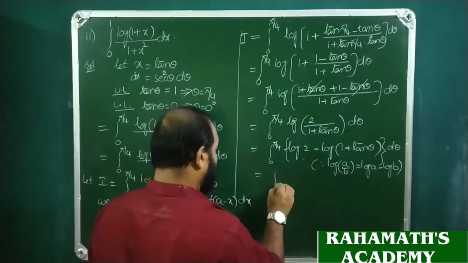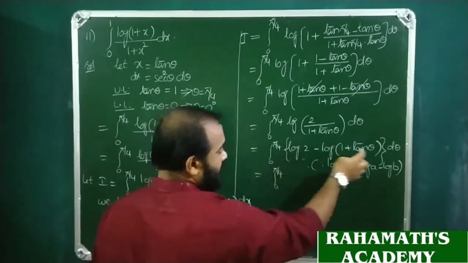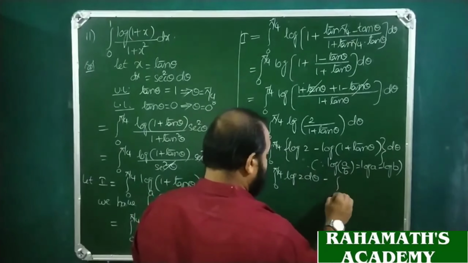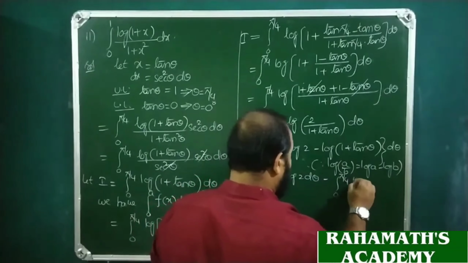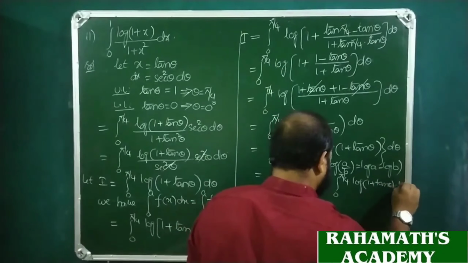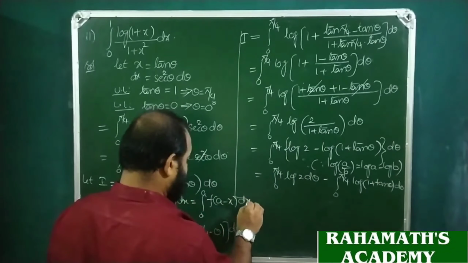Likewise, we can separate this integration: integral 0 to pi by 4 of log 2 d theta minus integral 0 to pi by 4 of log(1 plus tan theta) d theta.